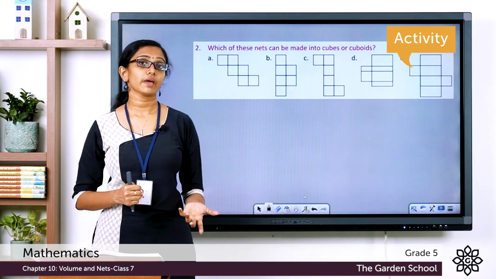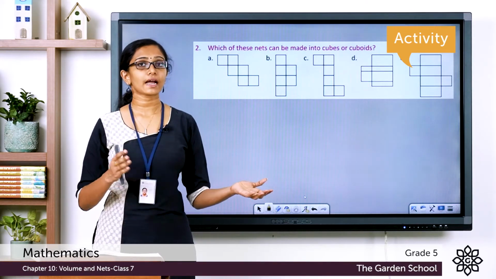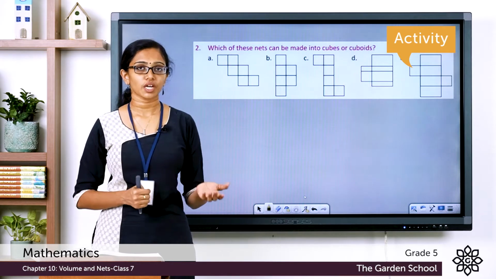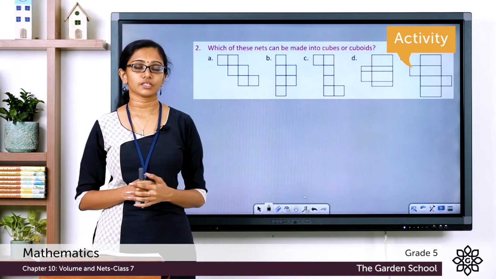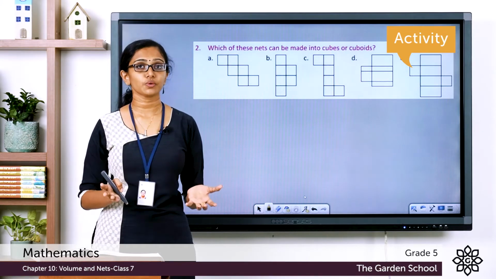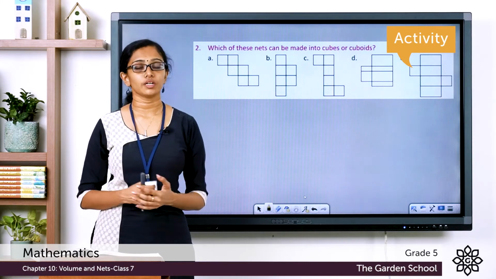First, you have to make sure the shape and number of the faces in both the solid and the net match. Then you have to visualize how the net can be folded up to form the solid shape.